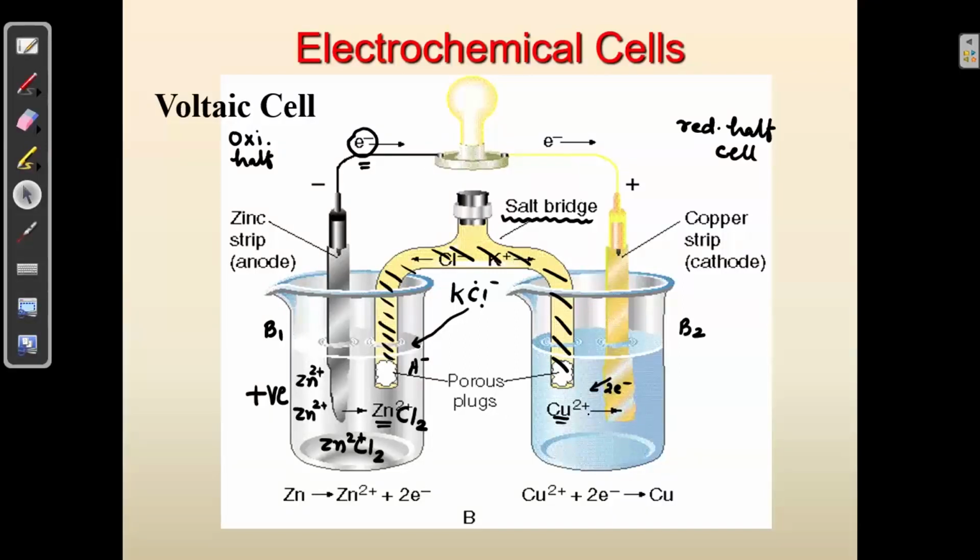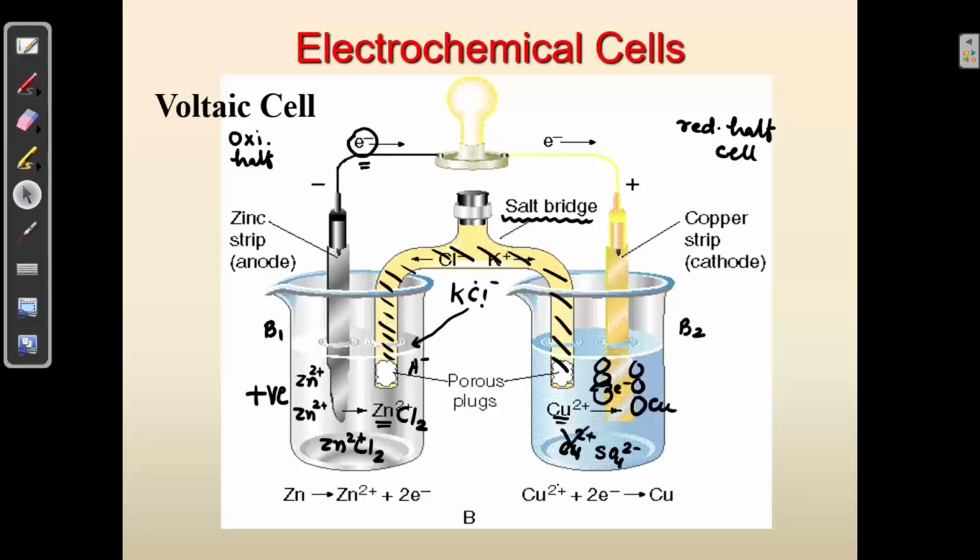In the same way, if I keep on adding electrons to Cu2+, copper atoms will deposit on the copper metal strip. What is the negative ion? We have taken copper sulfate. Copper ions are now going onto the electrode in the form of Cu.